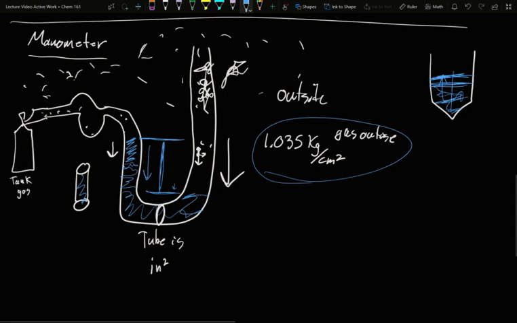Let's say for a moment that this height difference is 10 centimeters. What that means is there's more weight of water on one side than the other, but that difference is only whatever water is in that 10 centimeters. So I have a tube that is 10 centimeters tall, and what we said earlier, I'm going to correct that. We said it was 1 inch. Let's call it a centimeter squared for its area, since we're working in metric.